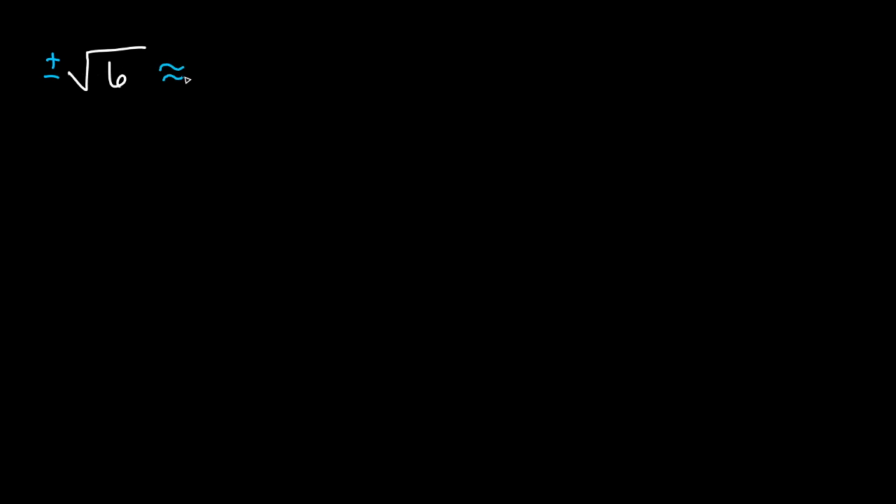If you put it into your calculator and round it to 2 decimal places, you're going to get 2.45. Again though, don't forget plus or minus. So this would be considered not a perfect square.